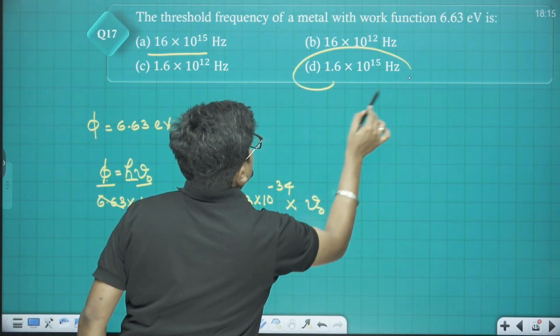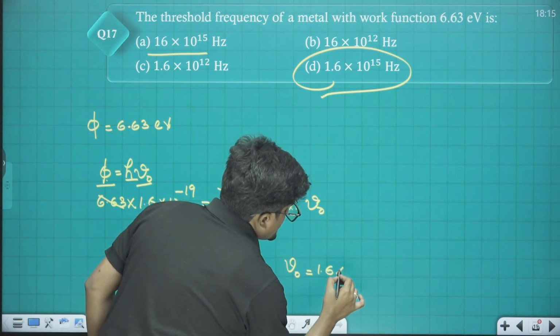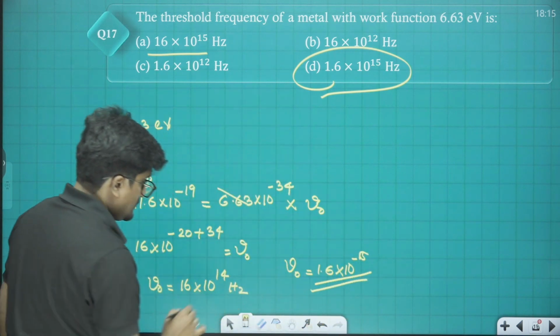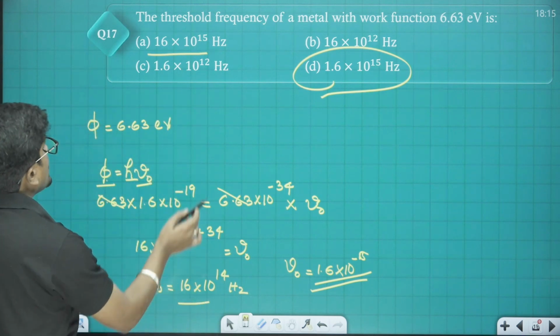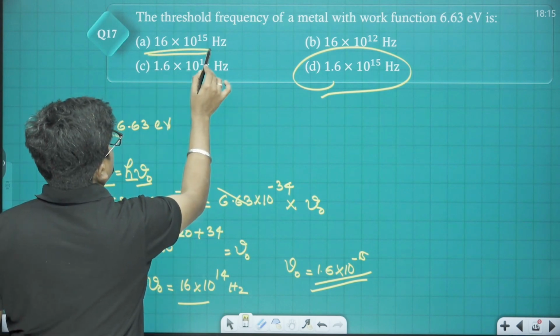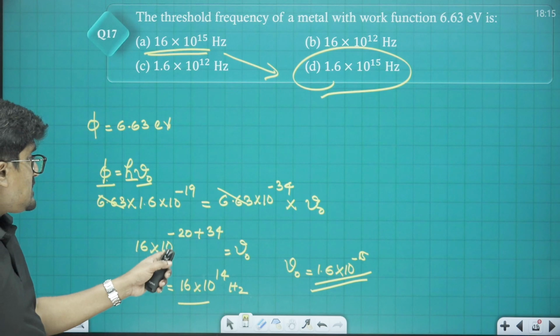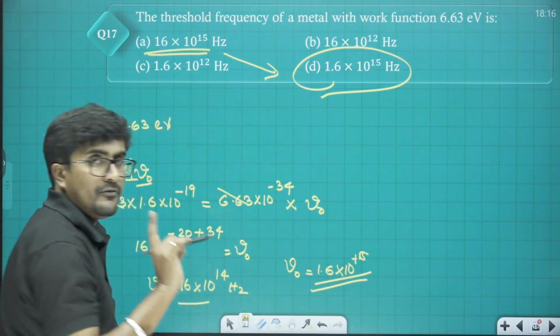That means it's going to be 1.6. Nu naught is going to be 1.6 into 10 to the power 15. So rearranging that, I should get it as 1.6 into 10 to the power 15.